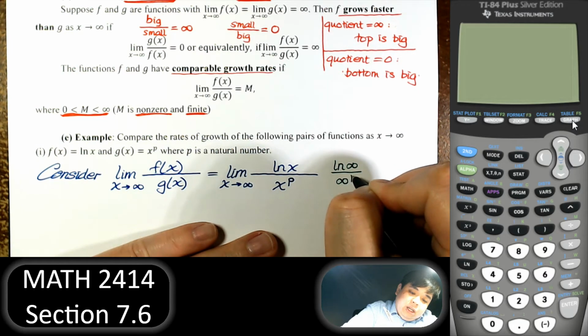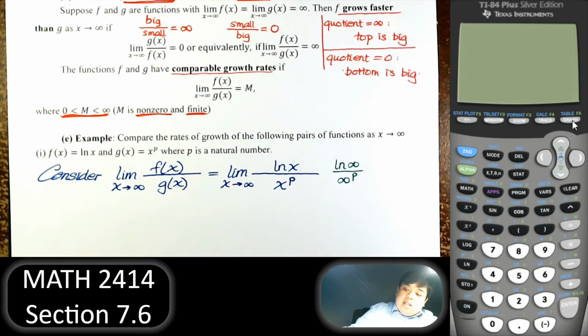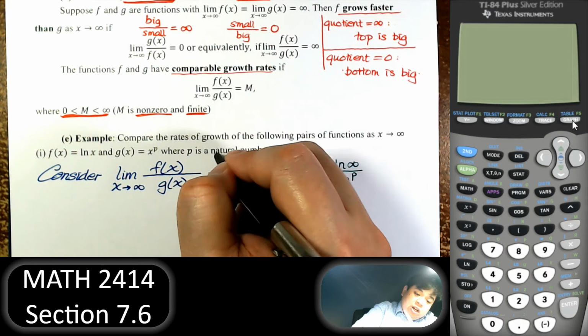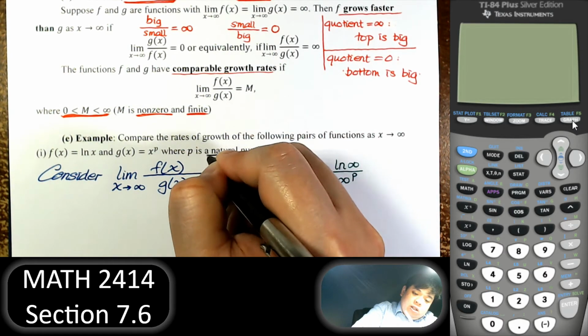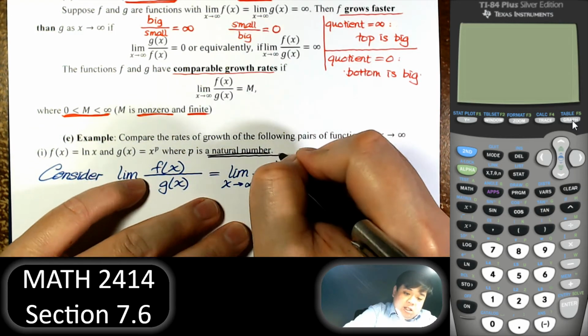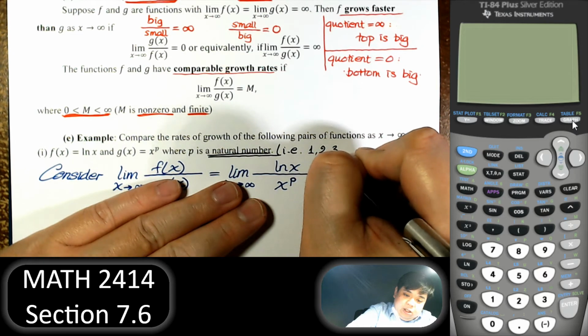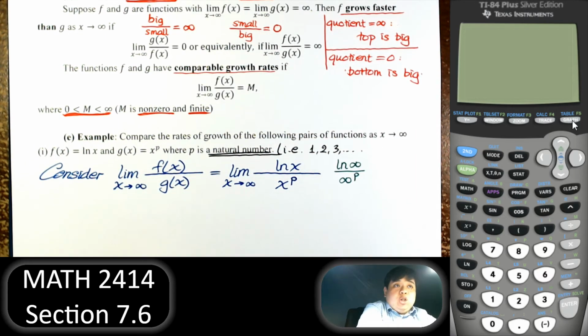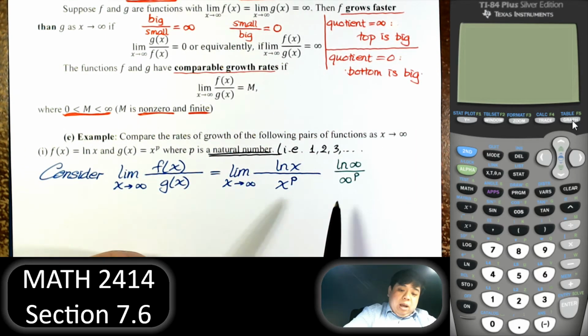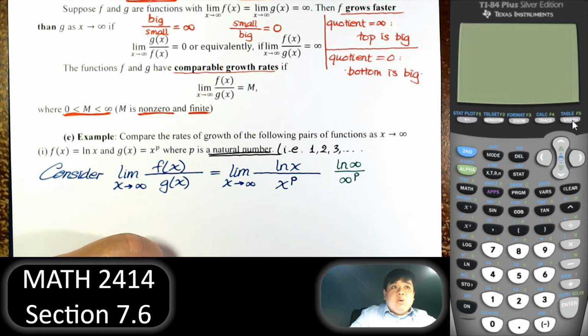over x to the p. Notice that in this problem, p is the natural numbers, meaning 1, 2, 3, and so on. So it's certainly positive, and we have infinity raised to a positive power.